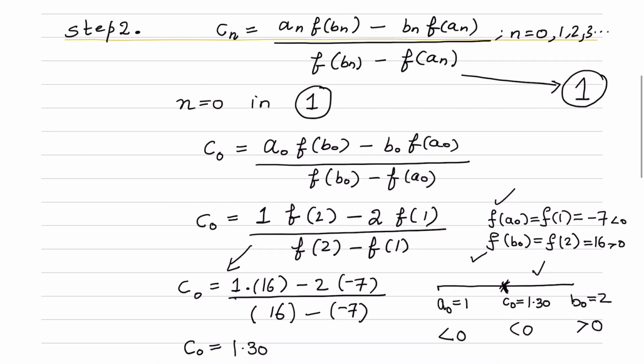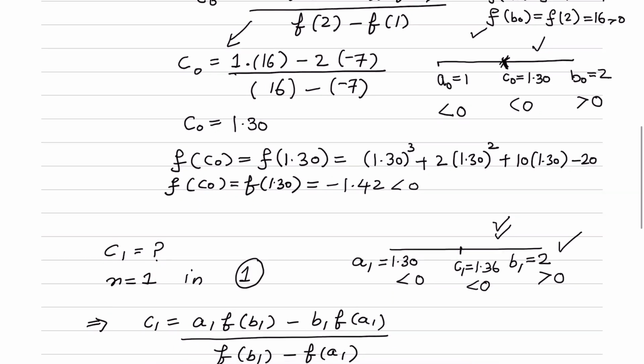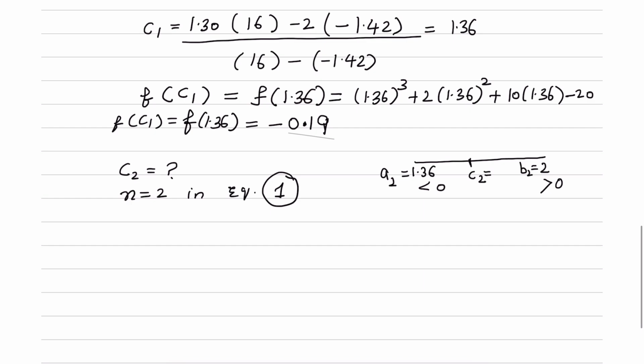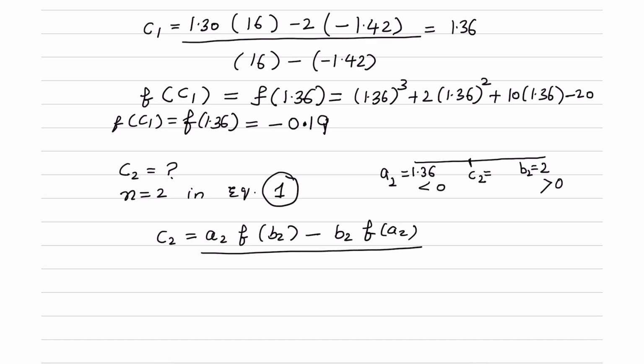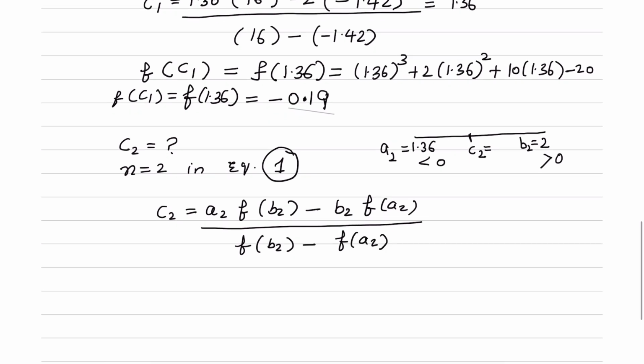So this is our equation 1. Here we put n equal to 2. So we get c2 as a2 f of b2 minus b2 f of a2 whole divided by f of b2 minus f of a2.